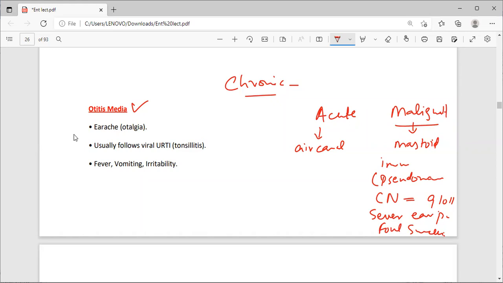Now look, this is the middle ear, this is the inner ear, and this is the outer ear. So there is infection over here. If it leads down into the mastoid bone and up into the temporal bone, or involves cranial nerves 9, 10, 11, or there is severe pain, and a lot of the area is being involved, and there is foul-smelling, greenish discharge as well, then you must expect malignant otitis media, and the patient will tell you his history of being immunocompromised.